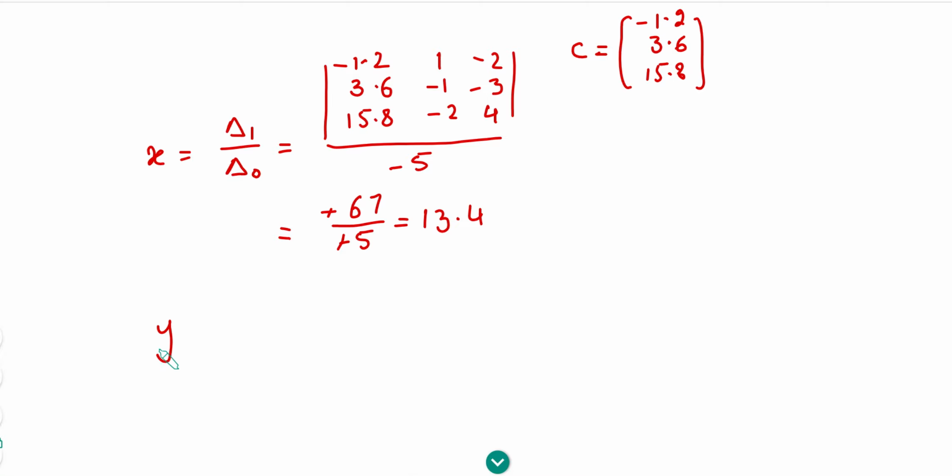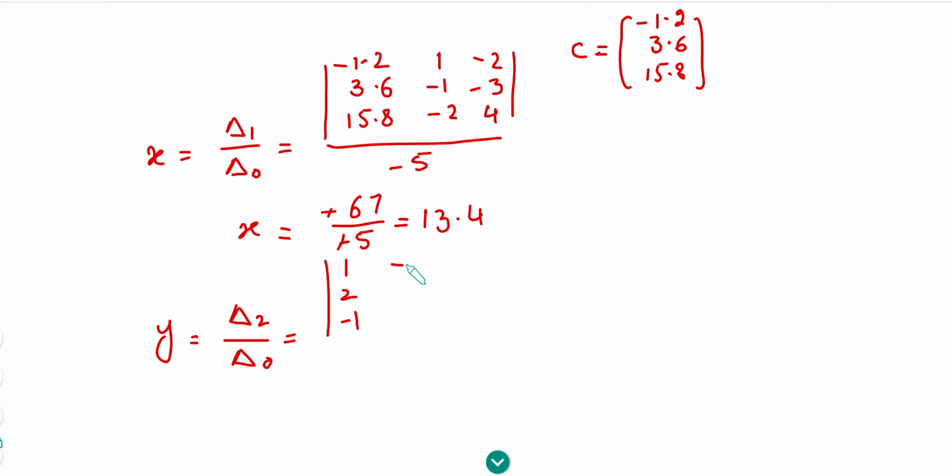Now we find the value of y. So this is the value of x, and the y value is delta 2 divided by delta naught. That is the determinant of matrix A where the second column has been replaced with matrix C. This time our first column is 1, 2 and negative 1.